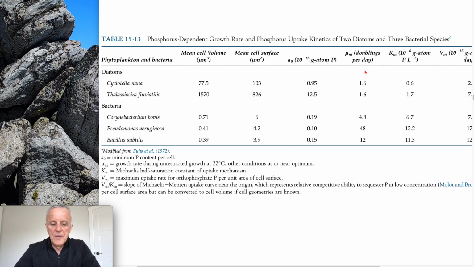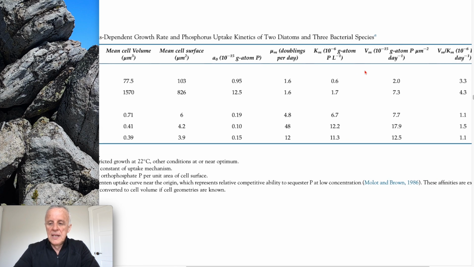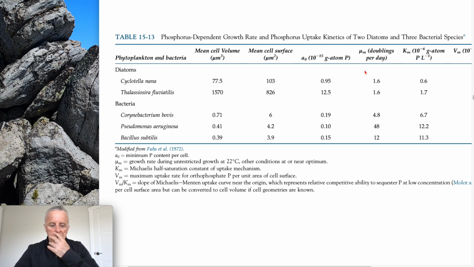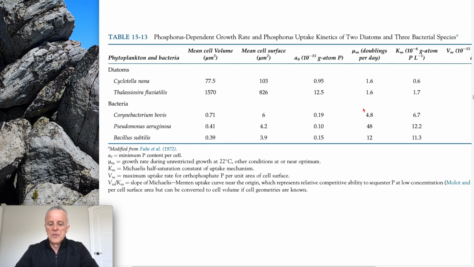Then we have Vm, which is the maximum uptake rate for orthophosphate phosphorus per unit area of cell surface. And then we have Vm over Km, which would be the slope of the Michaelis-Menten uptake curve near the origin, which represents relative competitive ability to sequester phosphorus at low concentration.